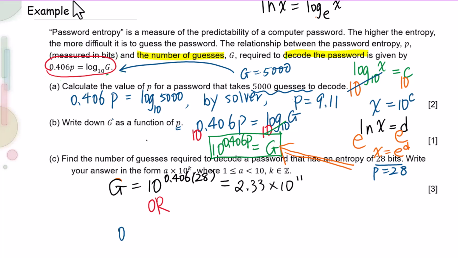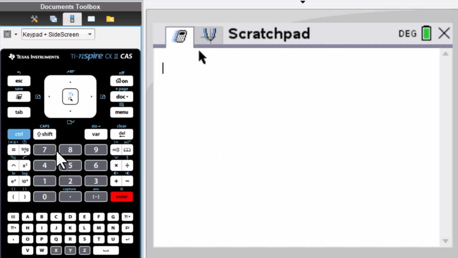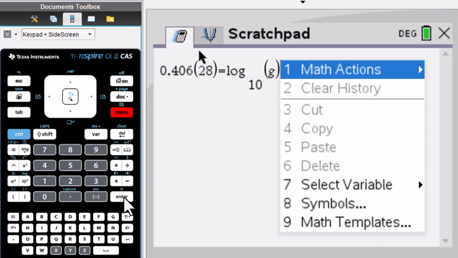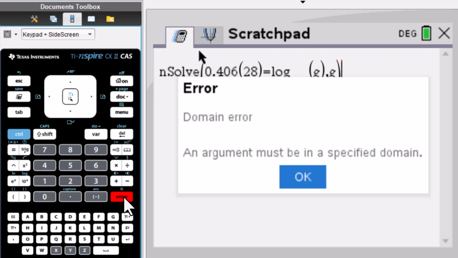We got 0.406 times 28 equals common log base 10 of G. First of all, we need to type in the equation. Control 10 to the x power to get log base 10 of G. Control menu, enter, enter, enter.